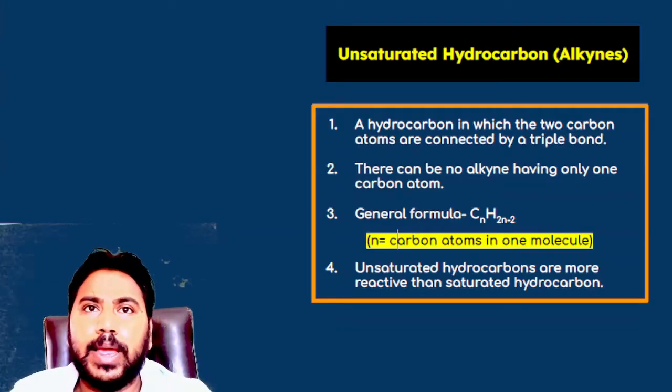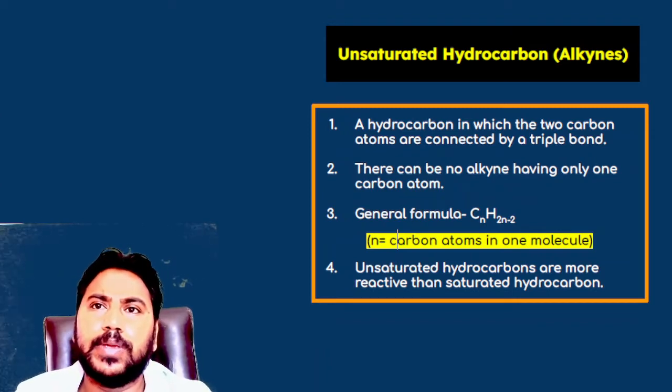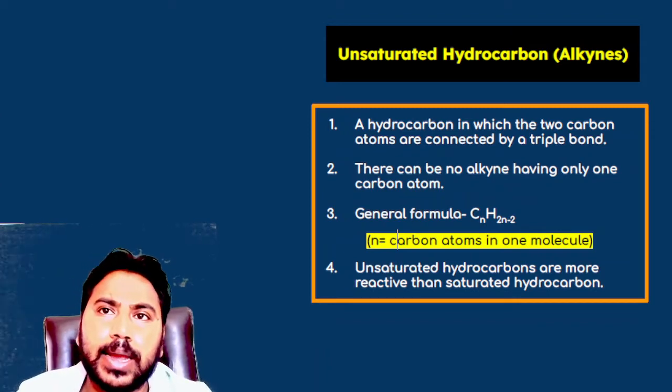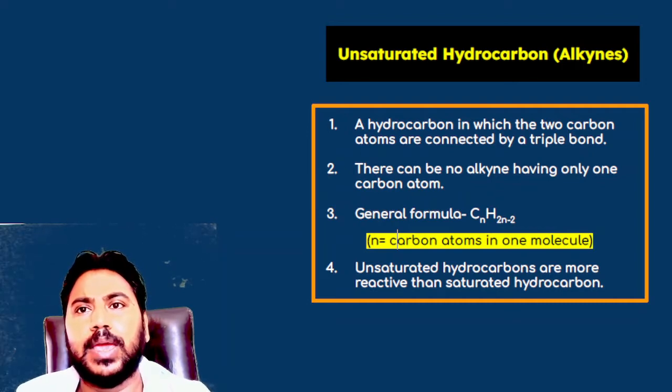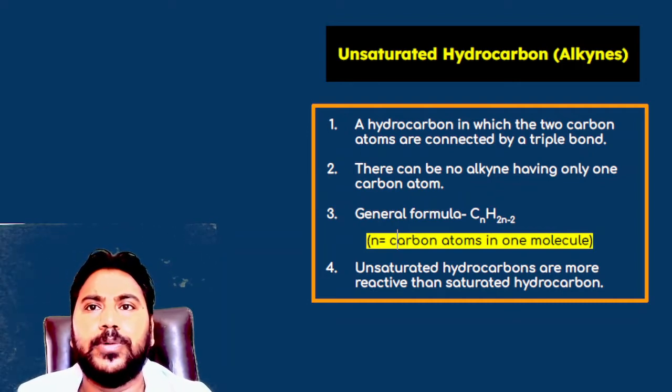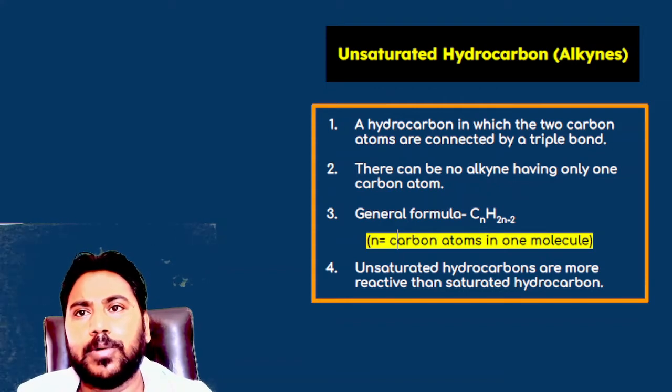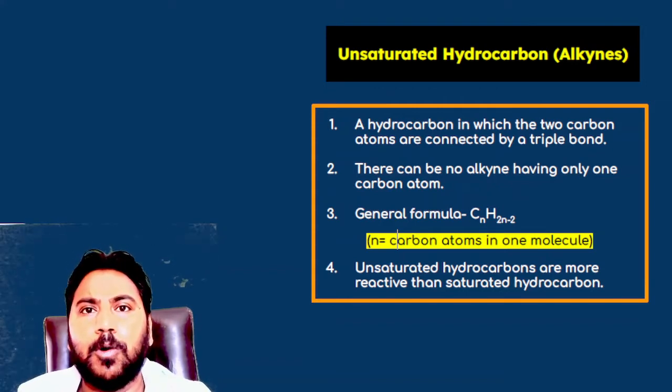Let us talk about alkyne, a hydrocarbon in which at least two carbon atoms are connected by triple bond. Then we will call those hydrocarbons alkynes. So their general formula is CnH2n-2. If we talk about reactivity, they are more reactive than saturated hydrocarbon.